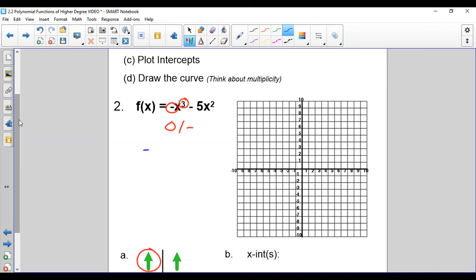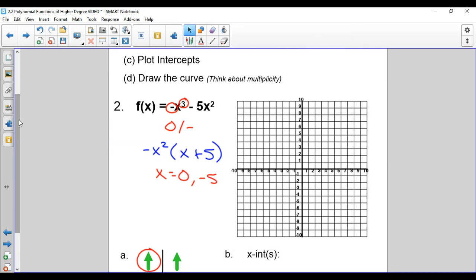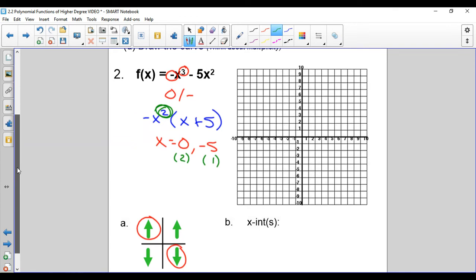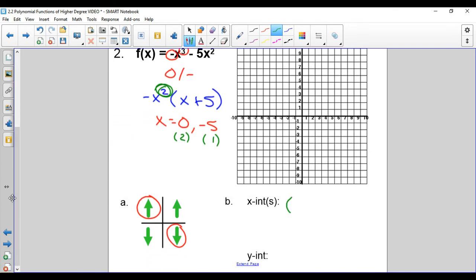Now here, I'm going to take out a common factor. It's a negative x squared. I like to take out the negative with it. We've talked about that. My x-intercepts, my roots, my solutions are 0 and negative 5. Now here though, 0 pops up twice because of the 2. Negative 5 only pops up once.